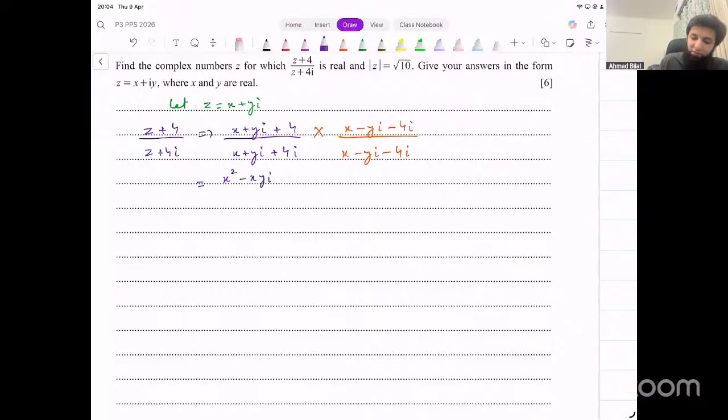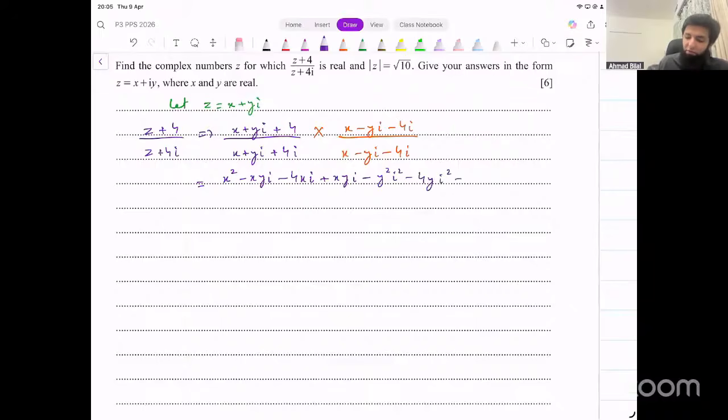X into minus 4 iota is minus 4x iota. Now 4 iota into all of those terms, y iota into all of those terms, that will give you xy iota minus y squared iota squared minus 4y iota squared.